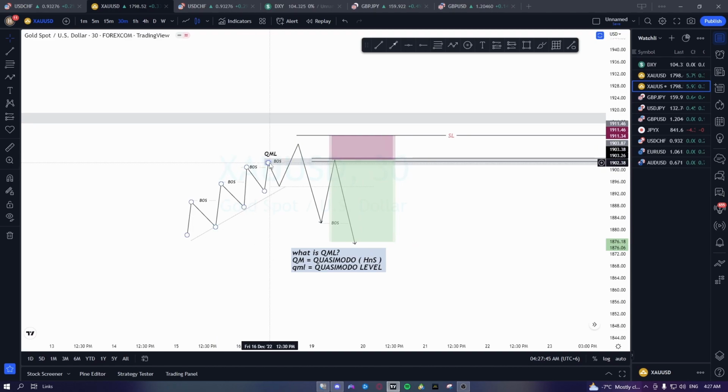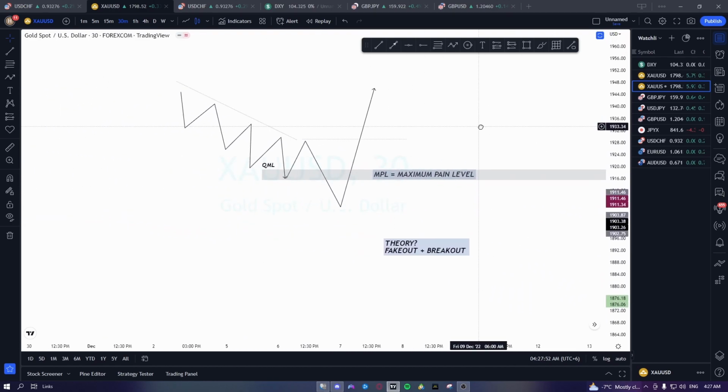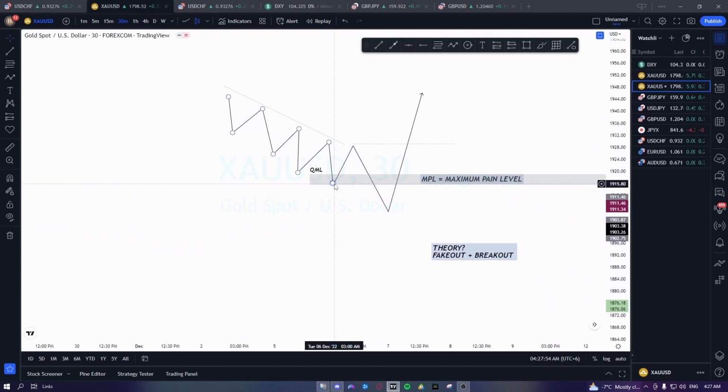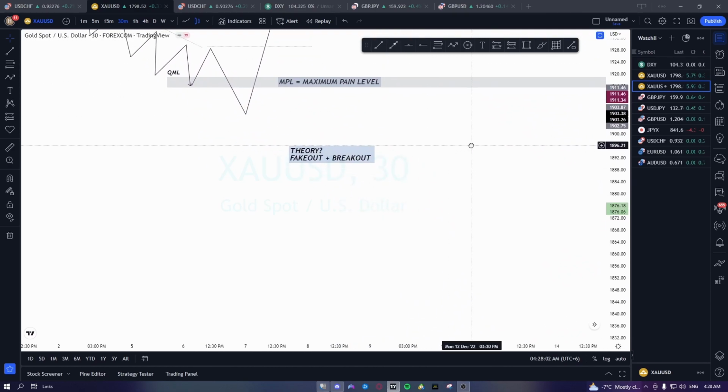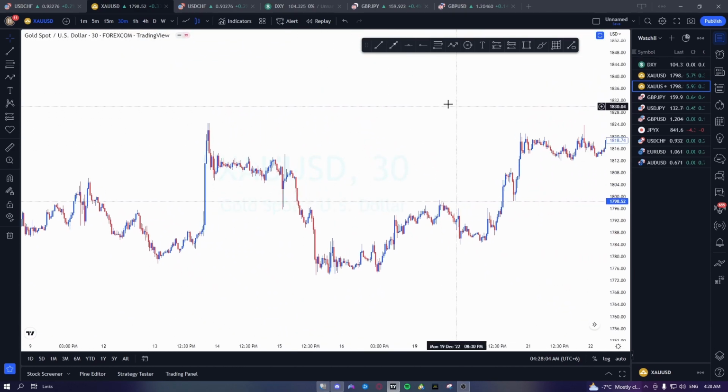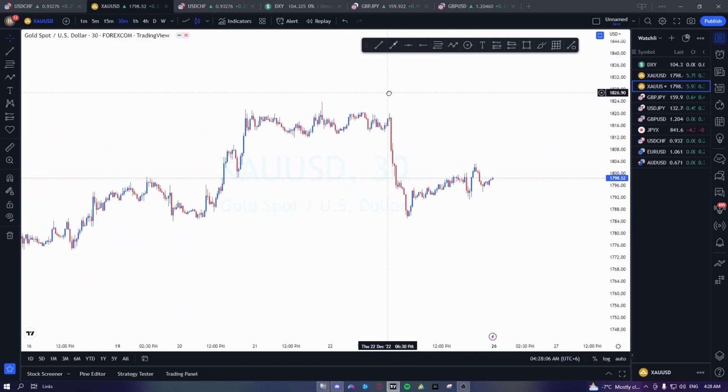For sells, you want to look for high, low, higher high, and then lower low. For buys, you want to look for low, high, lower low, and then higher high. Now let's go to the plain chart and let me show you the example of the QM level.